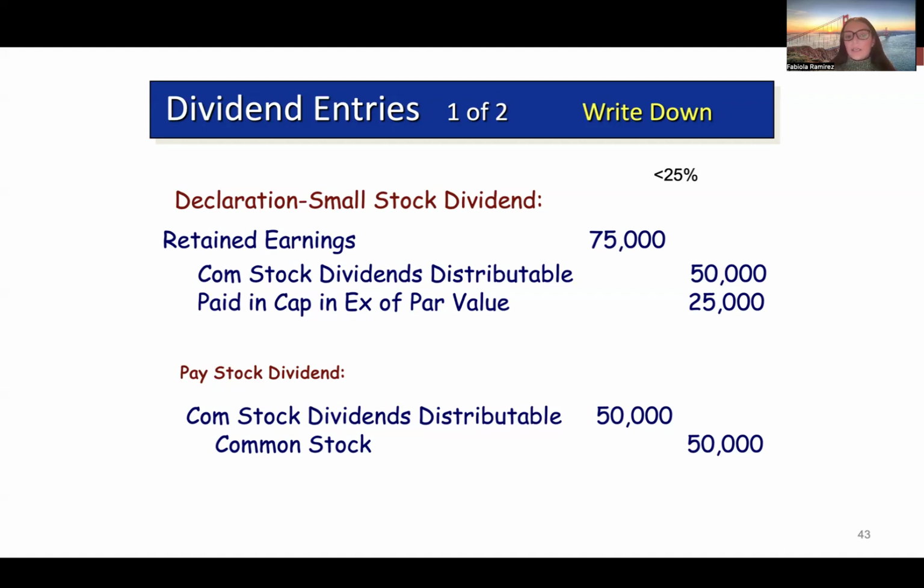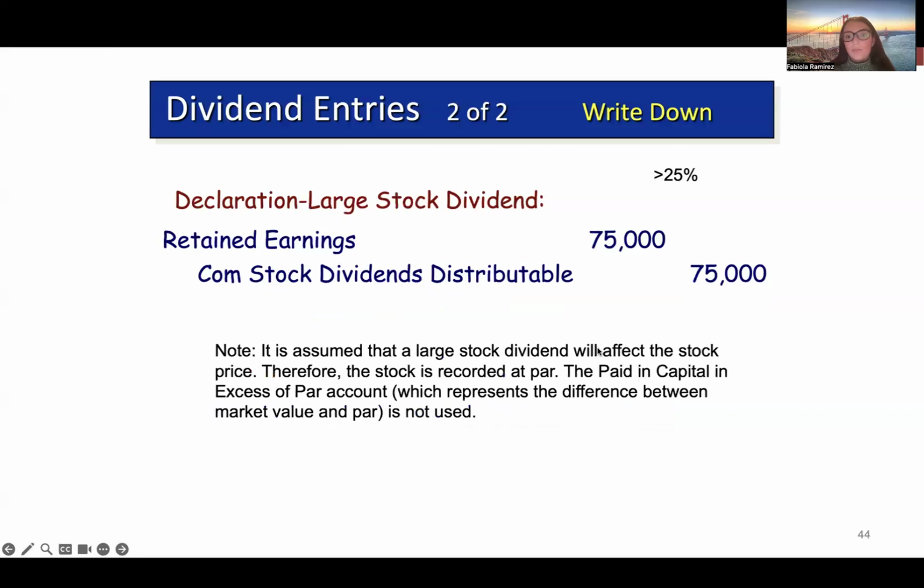When the stock dividend is distributed, we debit the common stock dividends distributable account and we credit the common stock account. Notice how cash is not recorded in any of these transactions. All of these accounts are equity accounts, even the common stock dividends distributable account. It is reported in the equity section of a balance sheet.